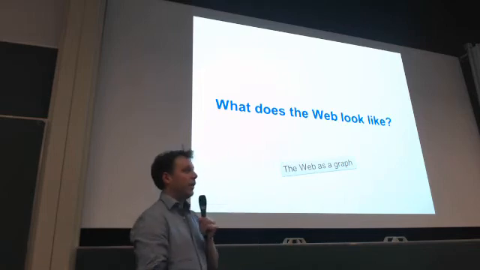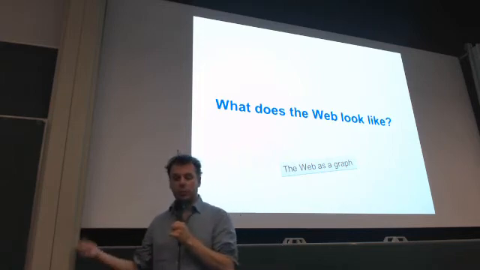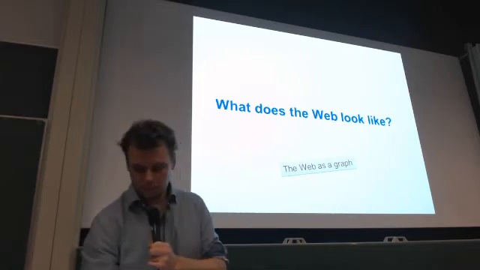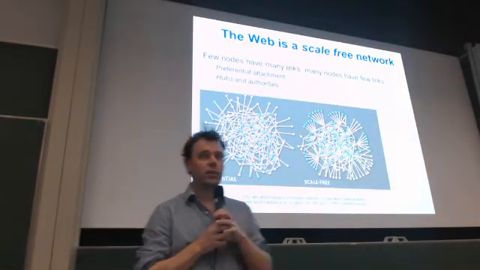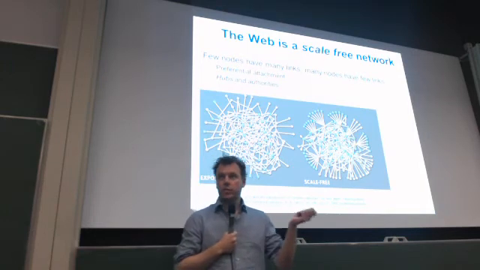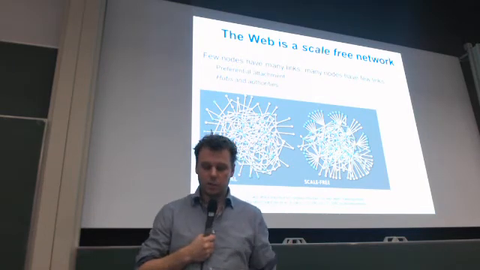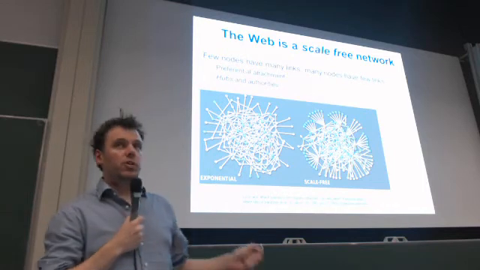Okay, so one way of looking at the web is looking at the web as a mathematical graph and thinking about the mathematical properties of that graph. So, what does the web look like? One thing that we've seen a lot, and I think you might have seen this also in introductory lectures, is that the web takes on a specific form of network.